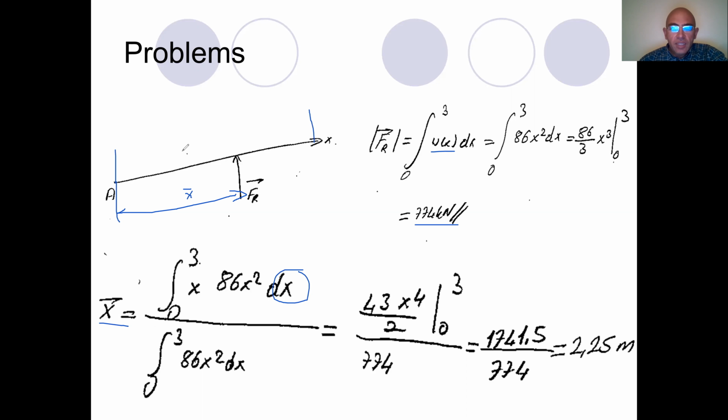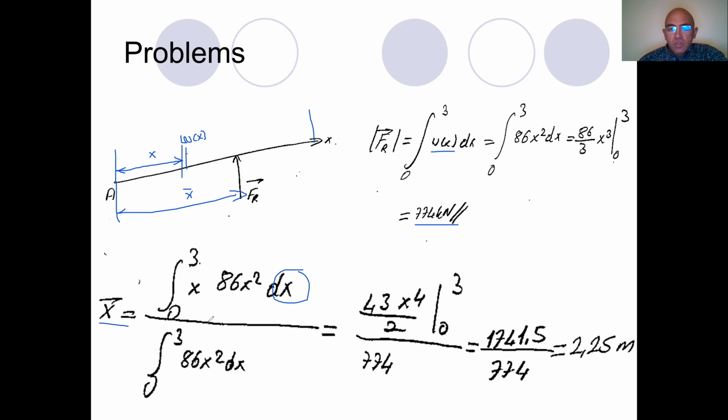In fact, at any point, let's say x, the magnitude is w(x). So it is x multiplied by w(x), or in other words, for our problem, x multiplied by 86 x squared.